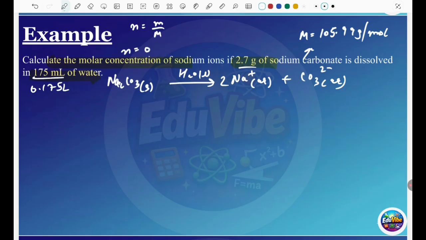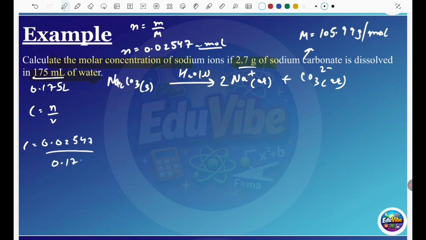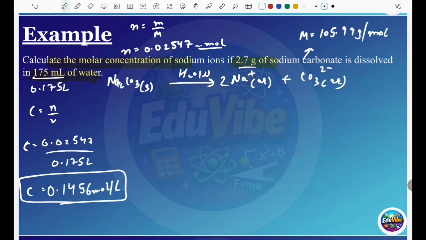You will get about 0.02547 moles. Then C equals n upon V, so 0.02547 moles divided by 0.175 liters. When you do this, you get about 0.1456 moles per liter. And this is the concentration for the sodium carbonate.